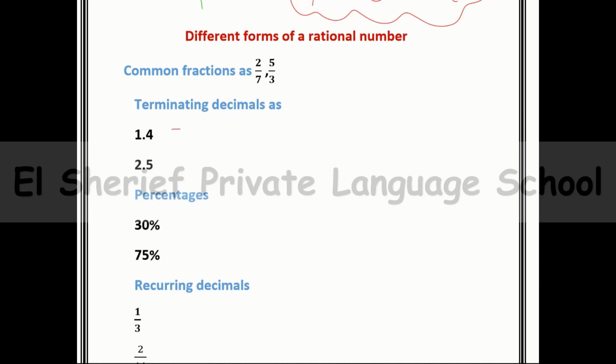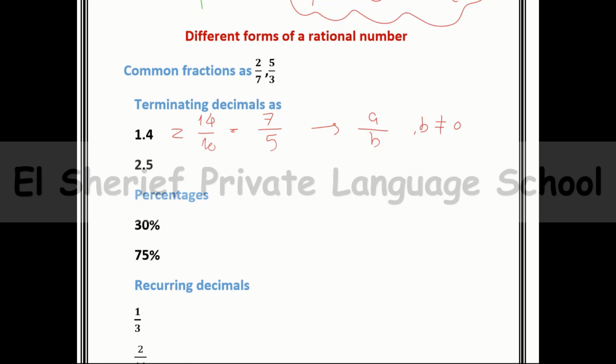So 1.4 is equal to 14 over 10. In the simplest form it is equal to 7 over 5, in the form of a over b and b doesn't equal 0. So I can say that it is a rational number.